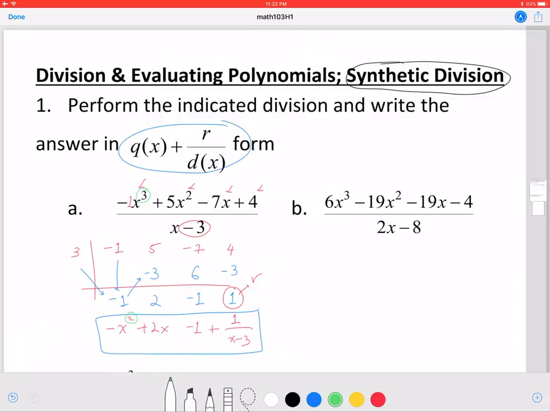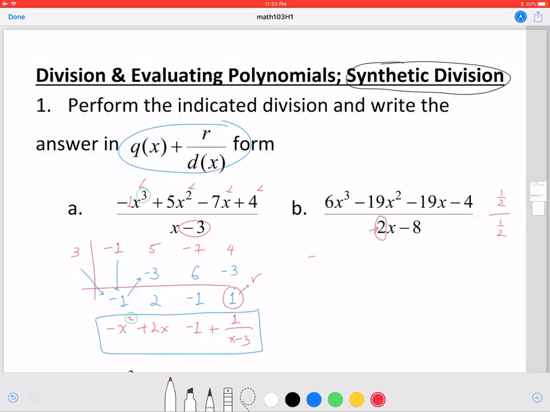The second problem is almost the same but slightly different. We have 2 as the leading coefficient of the divisor. Remember, synthetic division cannot be done unless the leading coefficient of the divisor is 1. So we have to multiply top and bottom by half in order for this 2 to become 1.